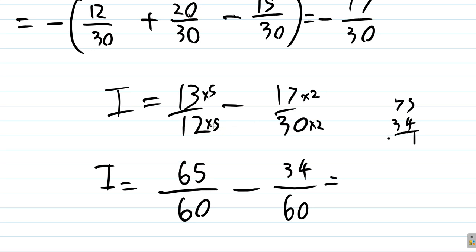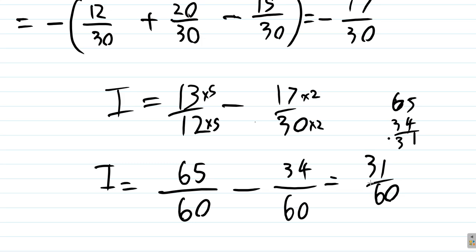Just double checking, 12 times 5 is 60 minus 2 times 17 is 34, right? So it's 65 minus 34. 5 minus 4 is 1, 6 minus 3 is 3. So this is 31 over 60. Alright. So the answer we got is 31 over 60.